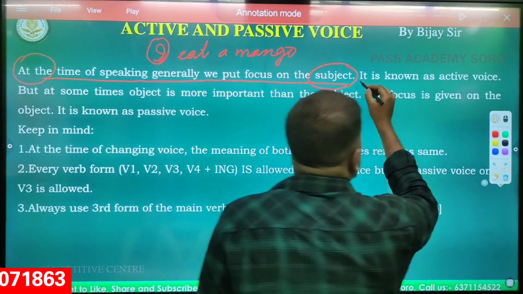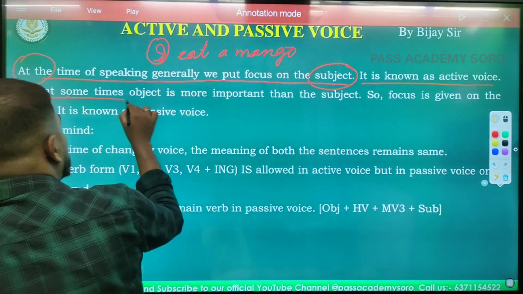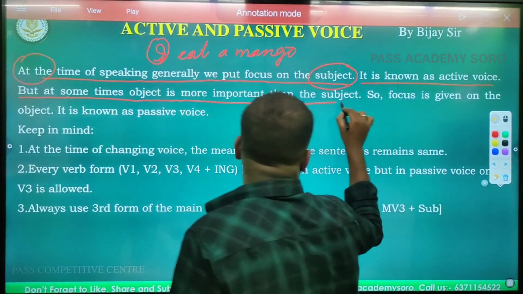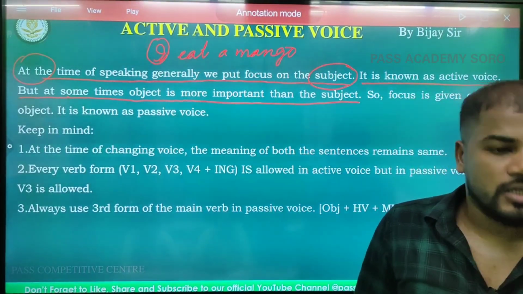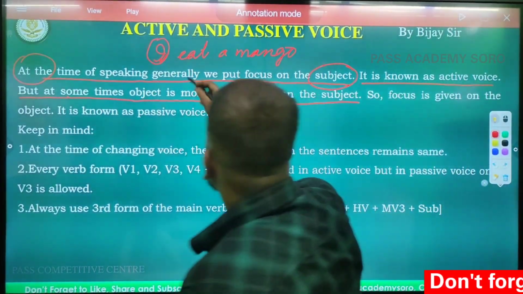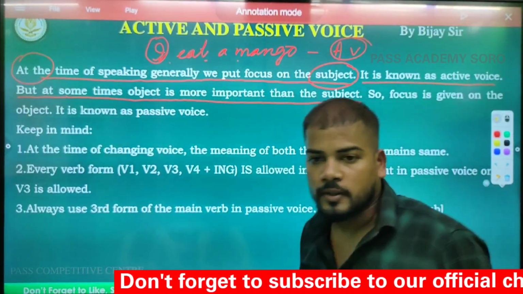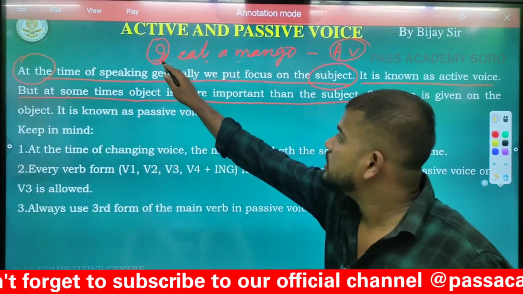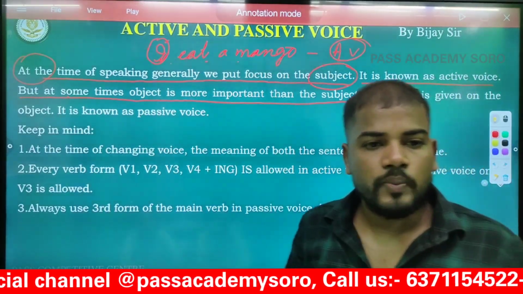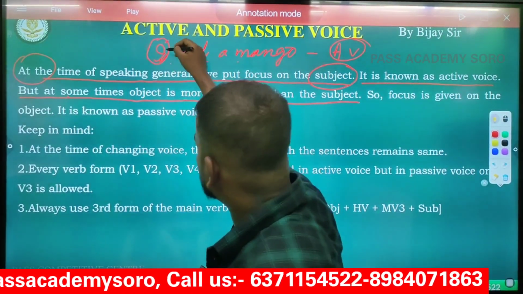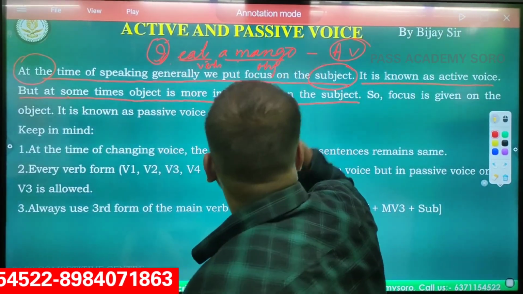But sometimes the object is more important than the subject, and we put more emphasis on the object. Look at the sentence here, I eat a mango. It's active voice. AV, I wrote as a short form, means active voice. Here I put emphasis on I. But when I convert into passive voice, here I is the subject, eat is the verb, and a mango is the object.